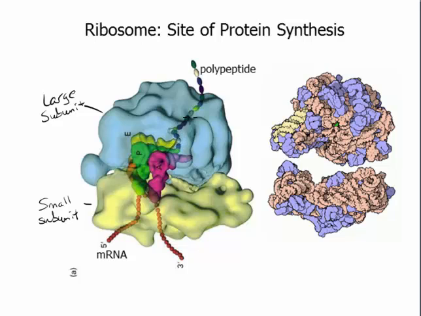And what we see being assembled is a protein that emerges out the top of the large subunit through a region of the large subunit that's referred to as the exit tunnel.